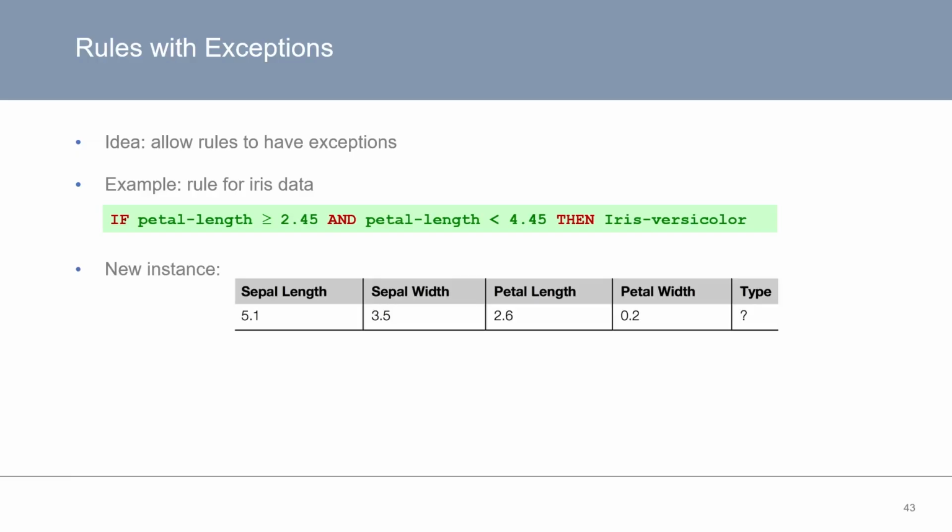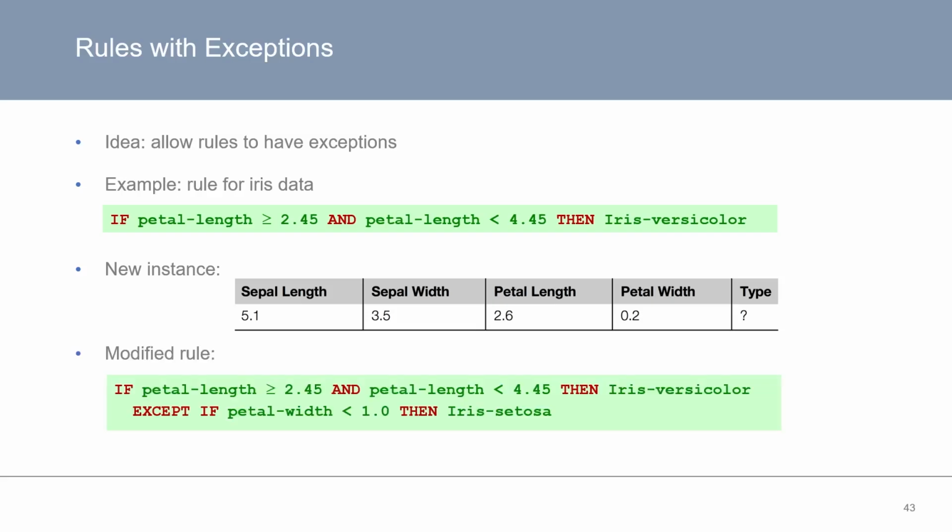However, maybe another instance comes along that isn't part of the class iris versicolor. Now, because the petal length here is 2.6, which would have fallen within the range specified by the above rule, we could now come up with an exception to the above rule to make it accurate in this new case. Here is the modified rule with the exception. We've added the phrase, except if petal width is less than 1.0, then the class is iris setosa.